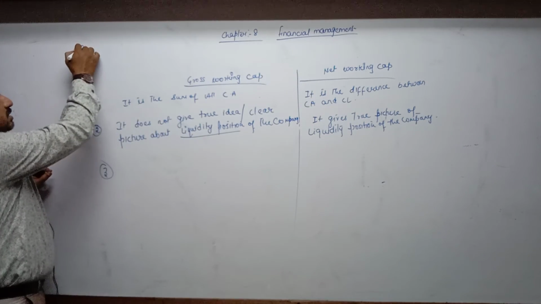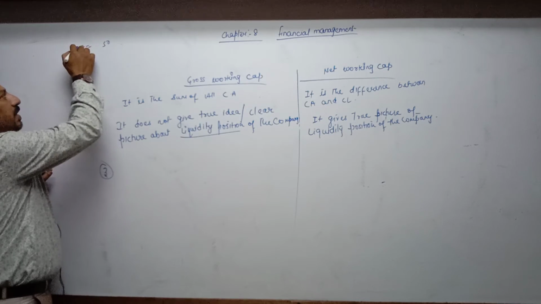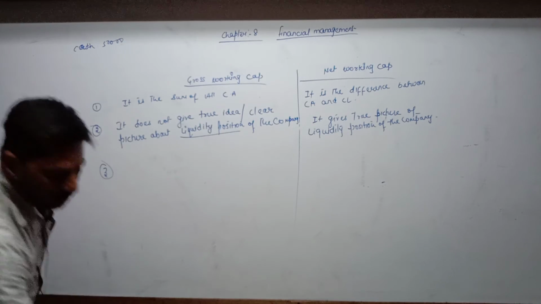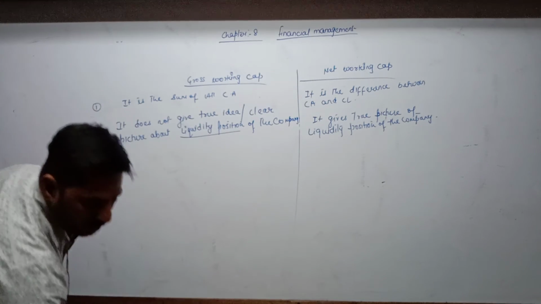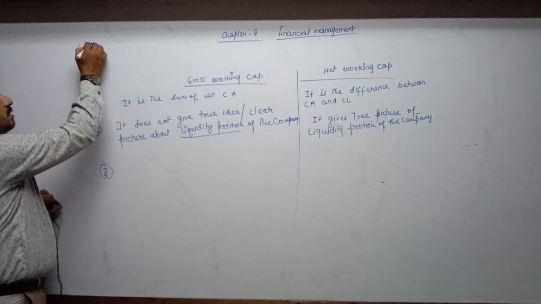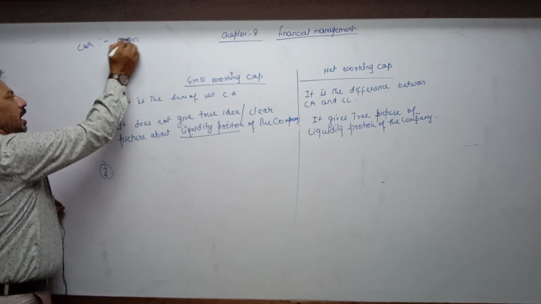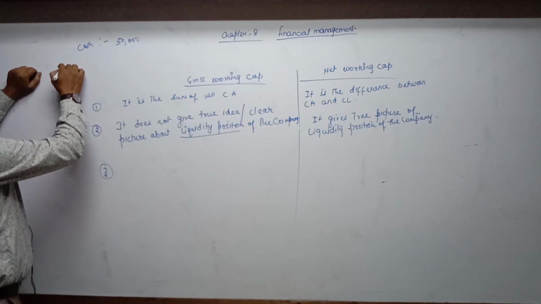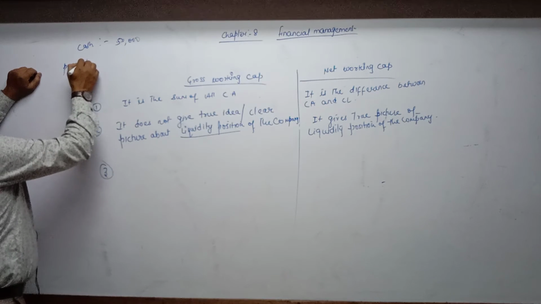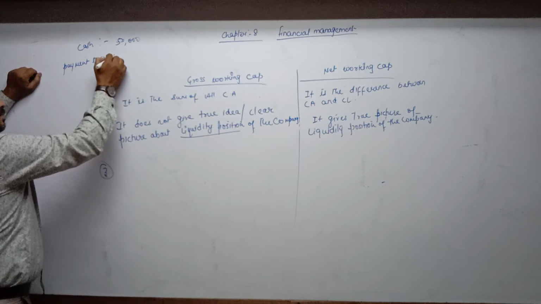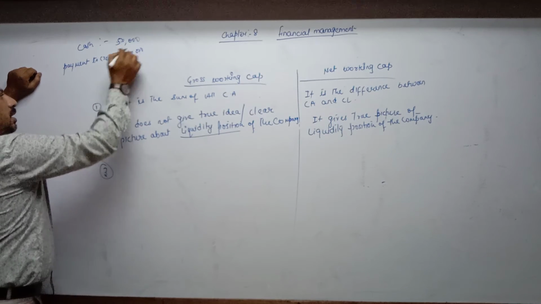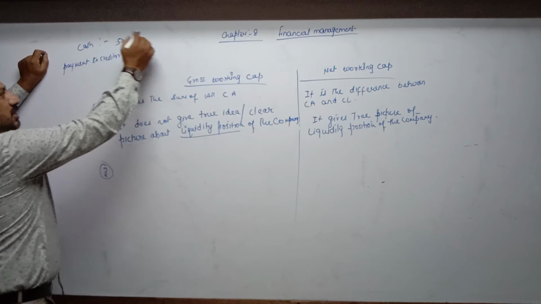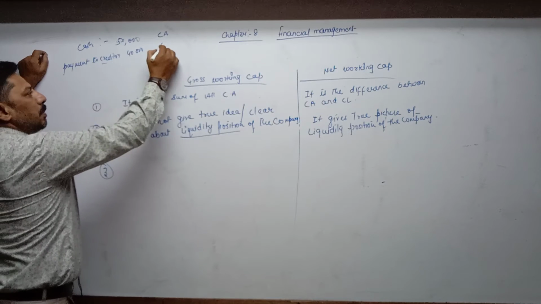For example, suppose we have total cash of 50,000 rupees on a particular day, and on the same day we need to make payment to the supplier, means creditor, of 40,000. Cash is a current asset and creditor is a current liability.